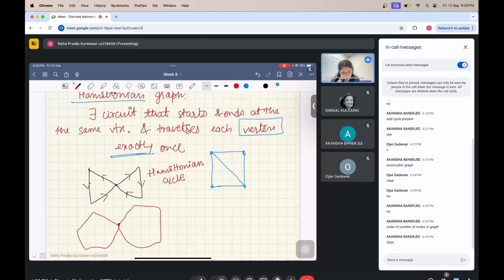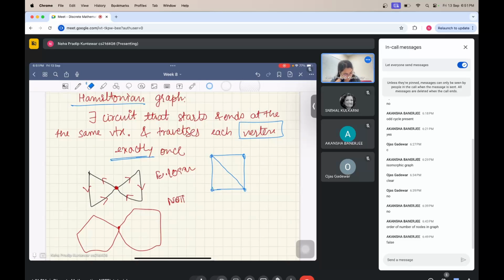So you started and ended at the same vertex, but yeah, you do not have Eulerian. Sorry, this is the opposite. So this is Eulerian but not Hamiltonian. So 1 is not true.